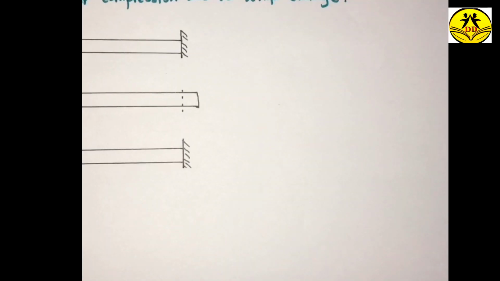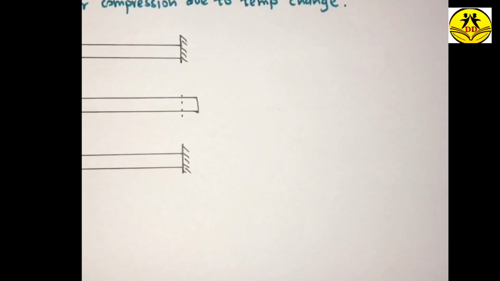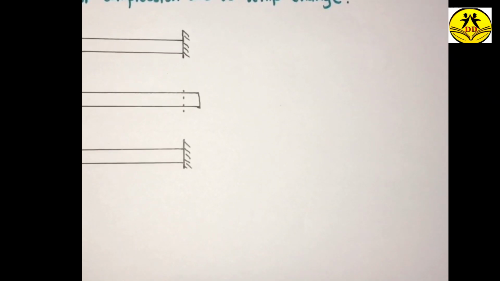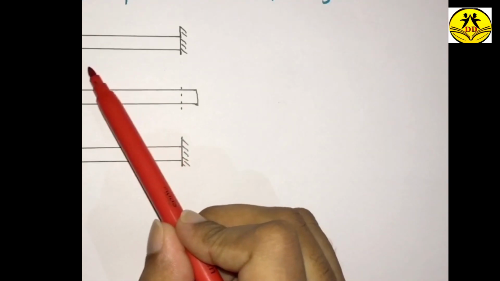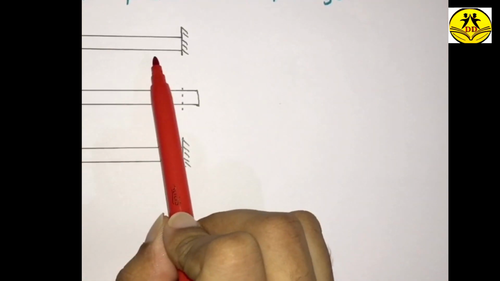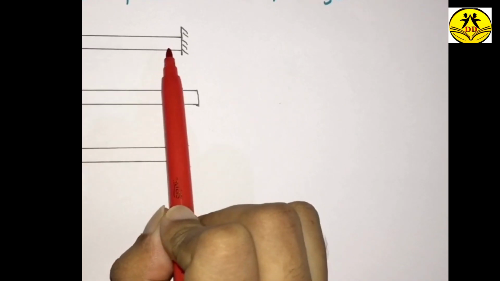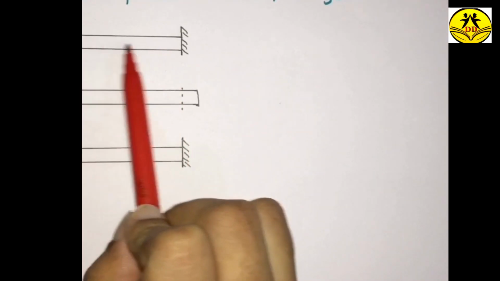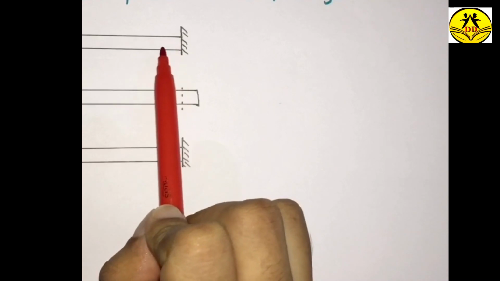Now let's talk about the extension or compression taking place due to temperature change. Let's take a rod which is kept in between two fixed supporters. It is not fixed, that is, there are no forces exerted at either end of the rod.